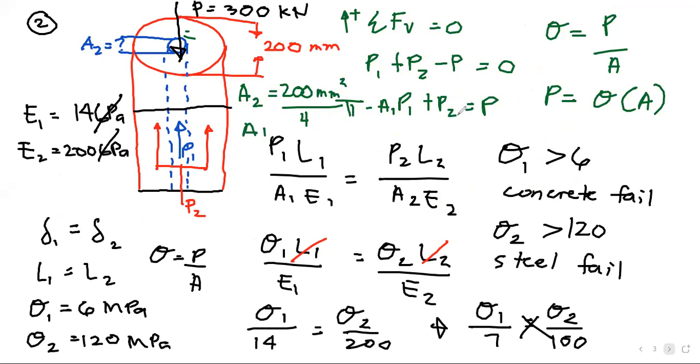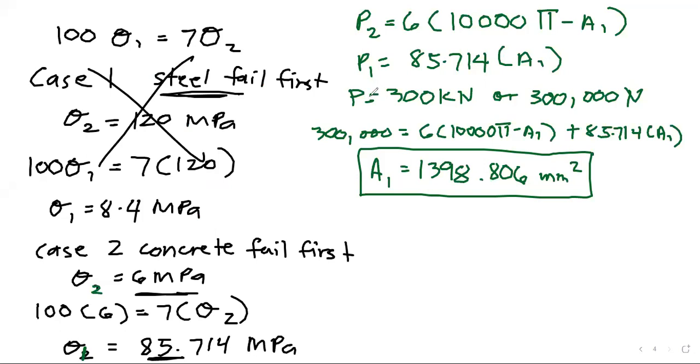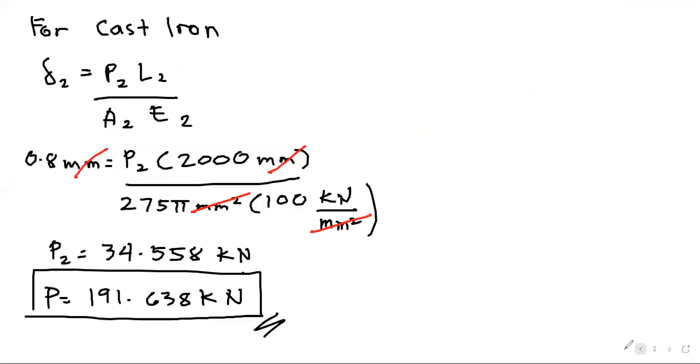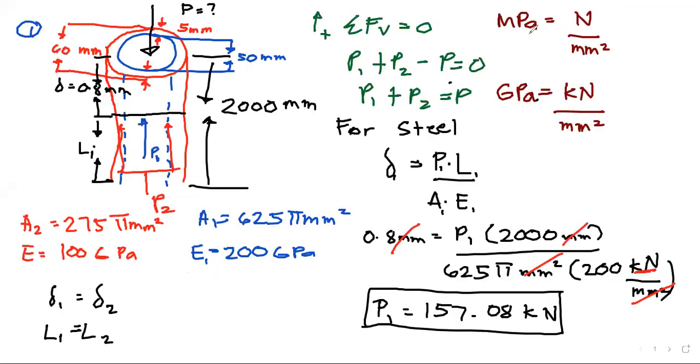Okay. So, ayan. P is equal to 300 kilonewton or 300,000 newton. Kaya ko siya kinonvert to newton, guys. Ulitin ko, kasi ang unit for stress is megapascal, and nabanggit ko siya from the start, guys: megapascal is equal to newton per millimeter squared. Okay? So, balik tayo ngayon.